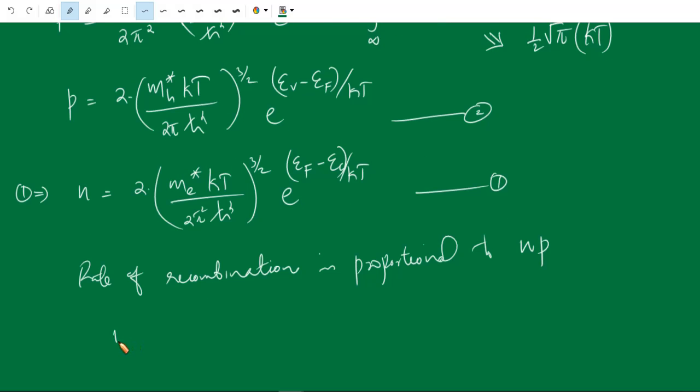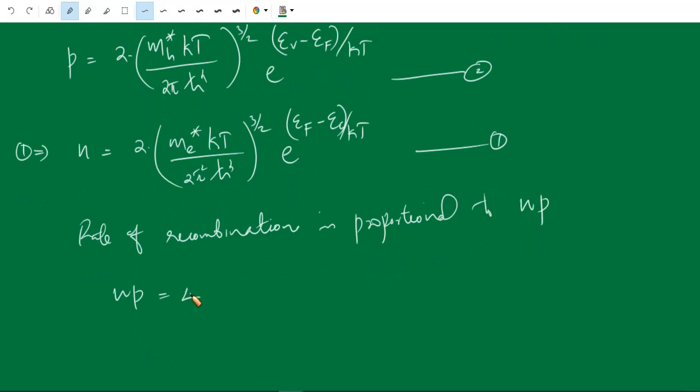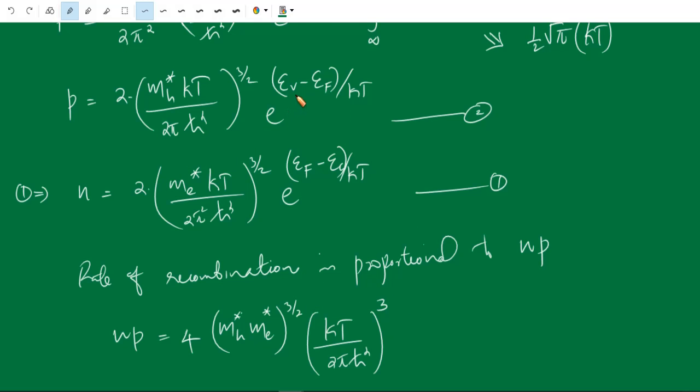So therefore np, the quantity which is significant, is equal to 4 times (mh me star mh star) whole raised to 3 by 2, (kT by 2 pi h cross square) whole cube, into e raised to (Ev minus Ef) by kT into e raised to (Ef minus Ec) by kT.